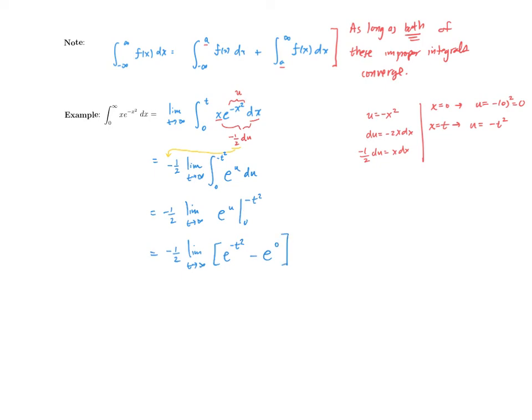And now that we've evaluated the integral, what remains for us is to evaluate this resulting limit. So just thinking individually about each term, e to the 0 is a constant. It is the number 1. And as t goes to infinity, we need to think about what e to the minus t squared approaches. So maybe a graphical representation would help. If we have e to the minus x, we think it's an exponential function which is decreasing.